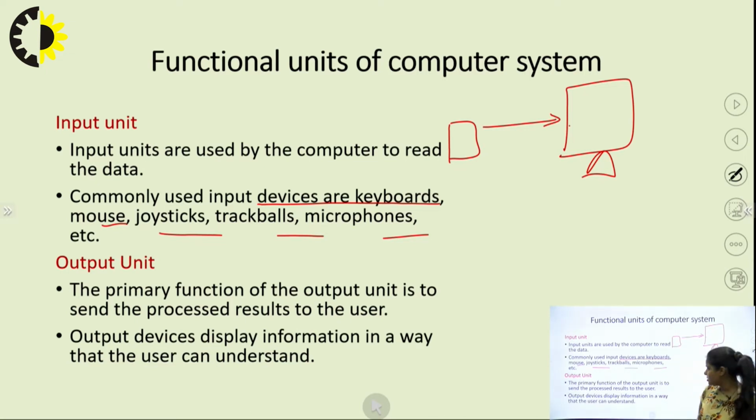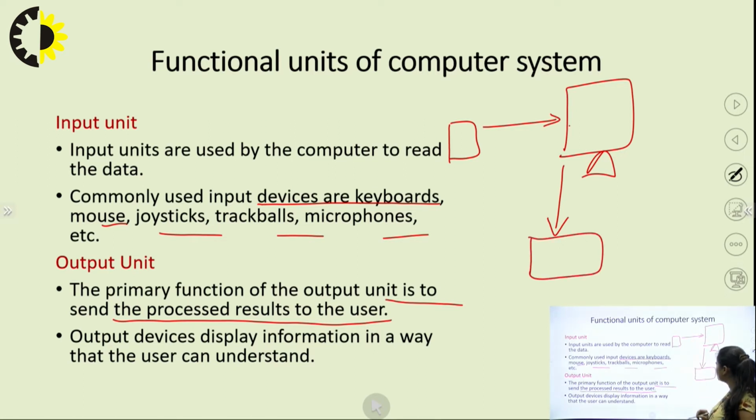Next we have the output unit. The primary function of the output unit is to send the processed result to the user. Whenever the system produces any kind of output or processed result, it has to give it to the output unit. The output unit has only one task: it always gets data from the system and gives it to us. Output devices display information in a way that the user can understand.